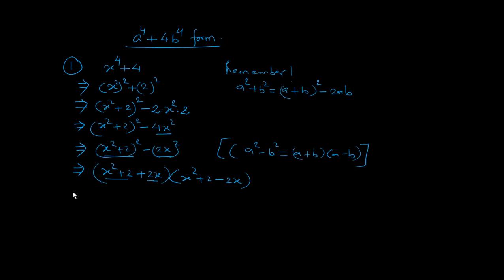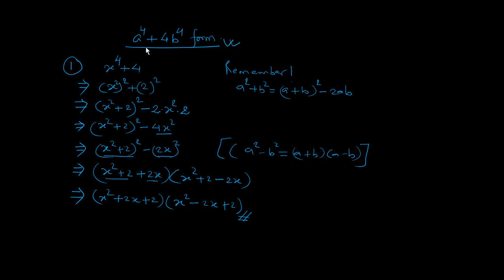Using this formula, we find this solution. In general, we express the terms in ascending or descending order of the power of the variable used. So x square, then 2x, and then only 2: x square plus 2x plus 2, and the next one is x square minus 2x plus 2. This is the final solution of this problem. Again, I want to explain this.